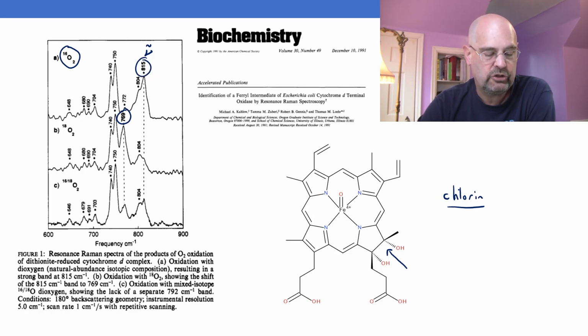None of the other bands shifted by any notable amount. What does that tell me? That tells me that there's something about that band at 815 that involves oxygen, that's involved in the process. By the way, this enzyme is a bacterial terminal oxidase. So it catalyzes the reaction of O2 plus 4H plus 4 electrons going to 2H2O.